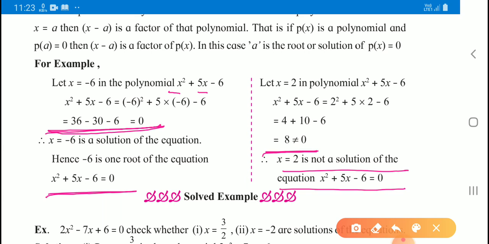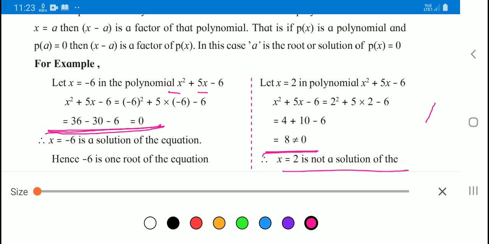Whatever value they give and we put in the equation, if after solving the value is 0, then that value is the solution or root of that particular equation, and if the value is not equal to 0, then that is not a solution of that particular equation.